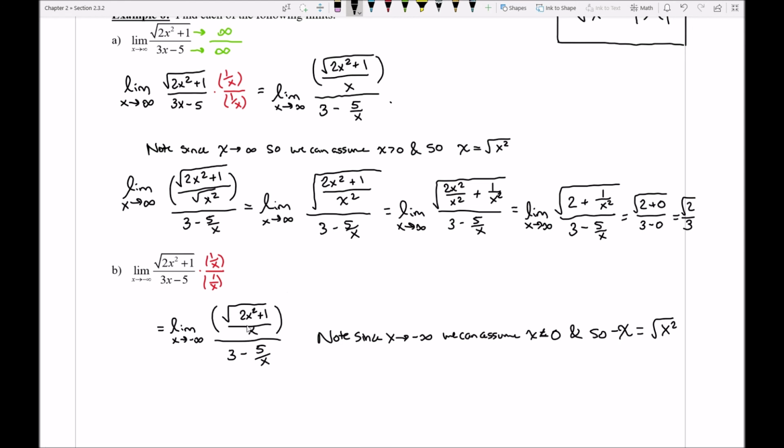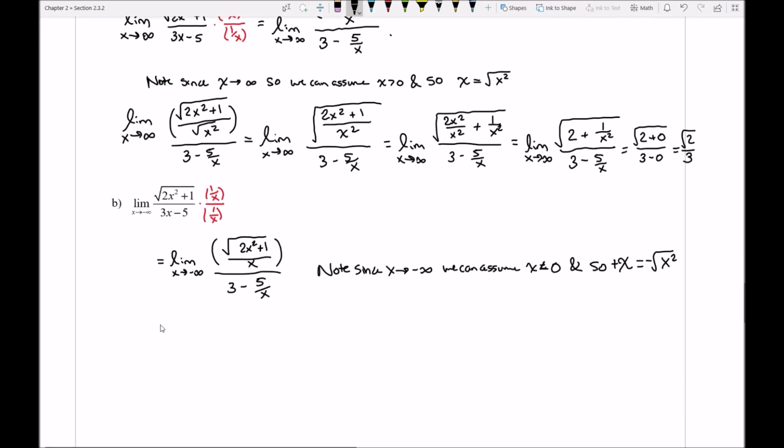Now, of course, I don't have a negative x value here to replace, so there would be no issue coming here and getting rid of this negative sign and changing this over here to be negative, right? Just like multiplying both sides by a negative 1. So now I can state that this is a limit as x approaches negative infinity, and I'm going to have square root of 2x squared plus 1. I'm going to have a negative square root of x squared, still divided by 3 minus 5 over x.